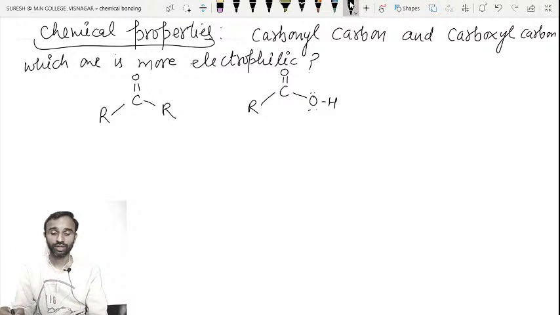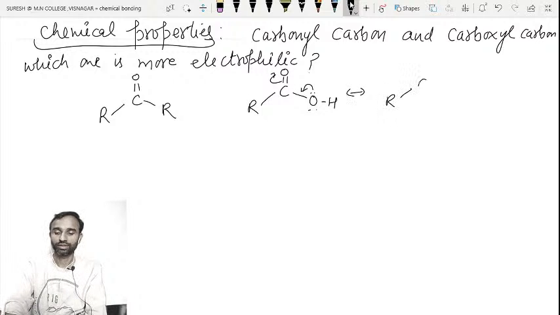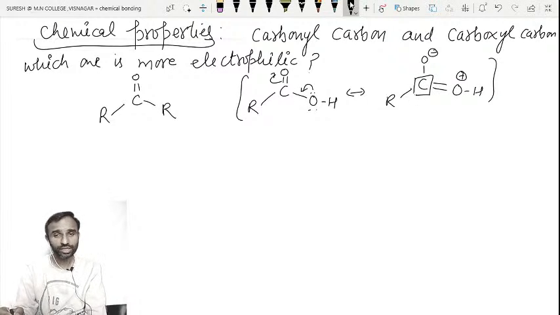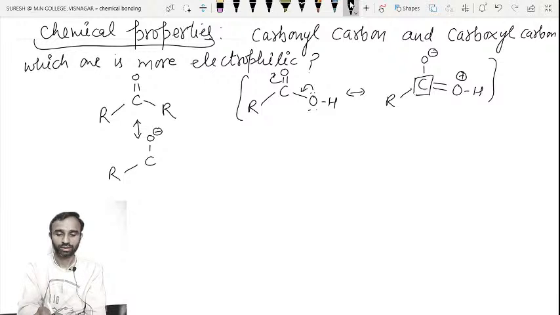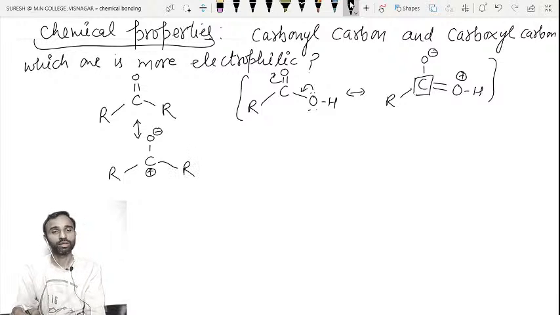So in this case, because of resonance, carboxyl carbon has less positive charge than carbonyl carbon.